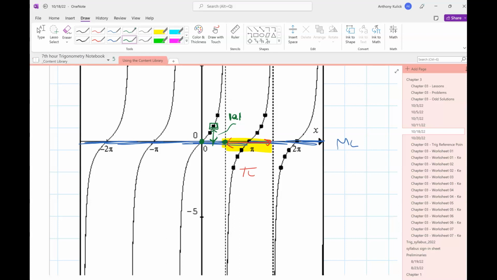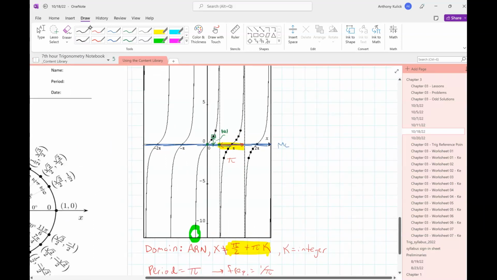Is that okay? That's the easiest visual that we'll have to find the absolute value of A. Okay.